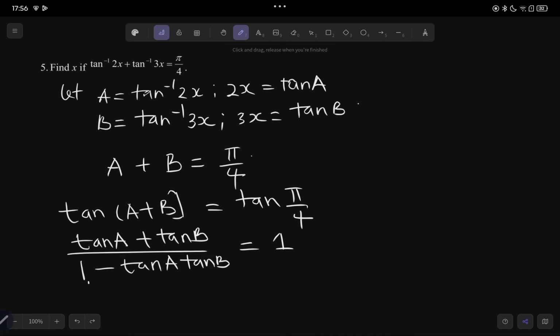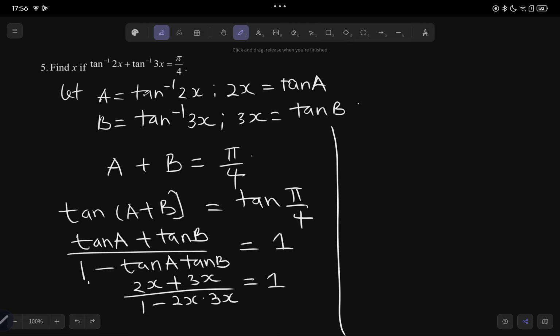Something we talked about earlier, radians and degrees. Now, tan A is 2x. Tan B is 3x. Out of 1 minus 2x times 3x is equal to 1. Here we get 6x out of 1 minus 6x squared is equal to 1.